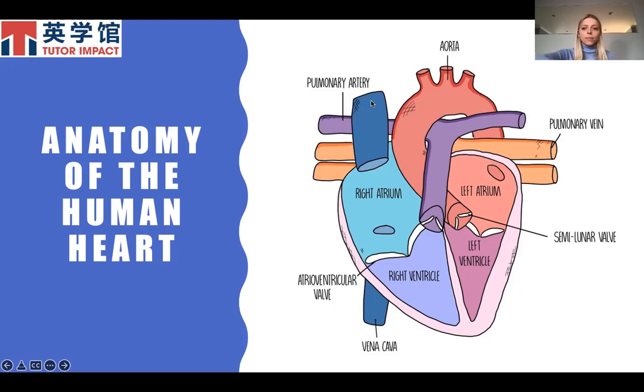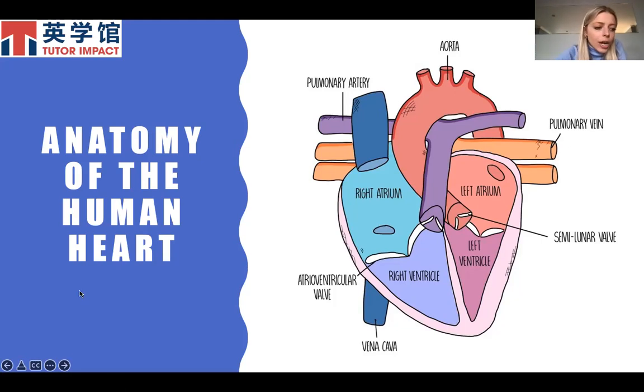That oxygenated blood comes back from the lungs via the pulmonary vein, comes into the left atrium, and goes down into the left ventricle. The thick muscular wall of the left ventricle then pumps that blood through the aorta around the body. And that is the full cardiac system.